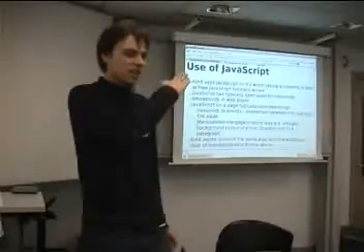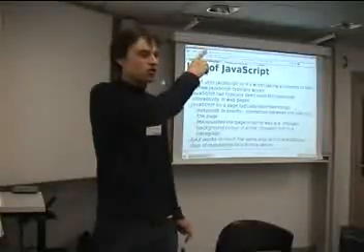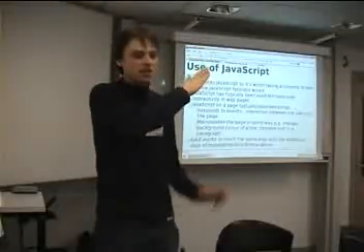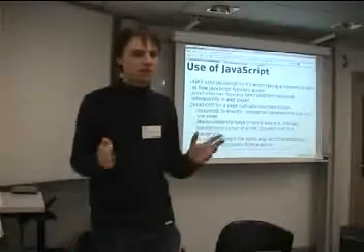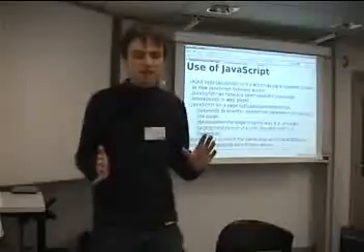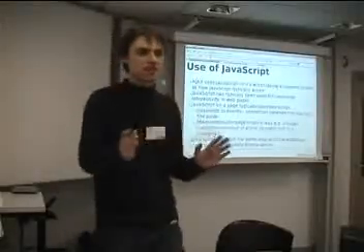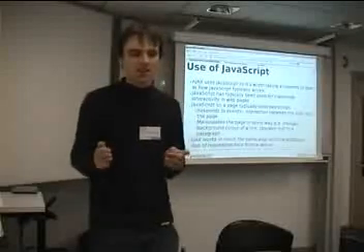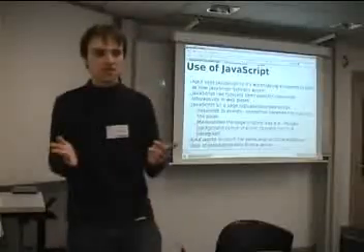So if you roll over some sort of menu bar and you see drop-down menus, typically JavaScript is used to make those drop-down menus happen. So basic interactive effects on websites have been around since the year dot, really, using JavaScript.